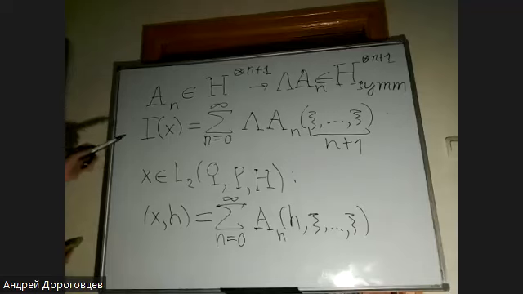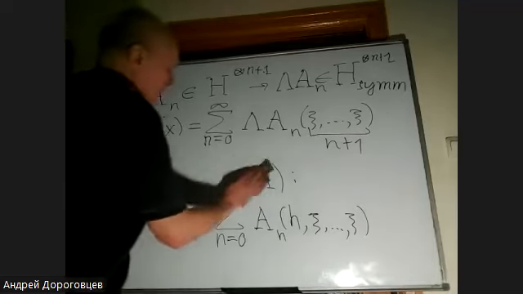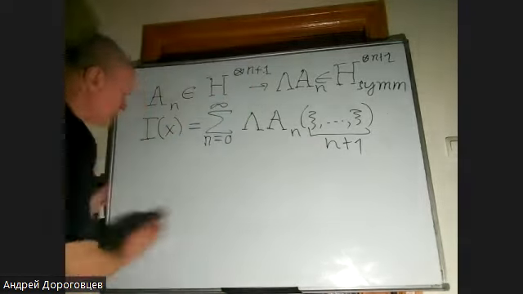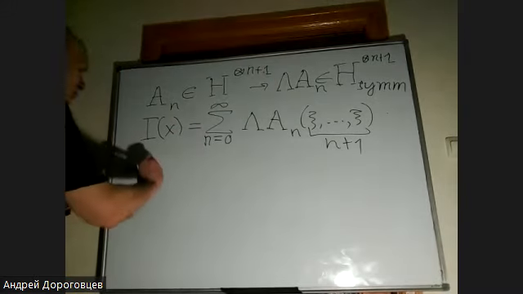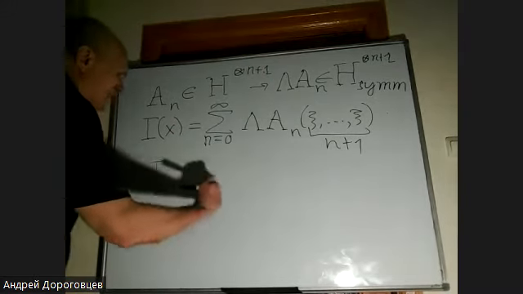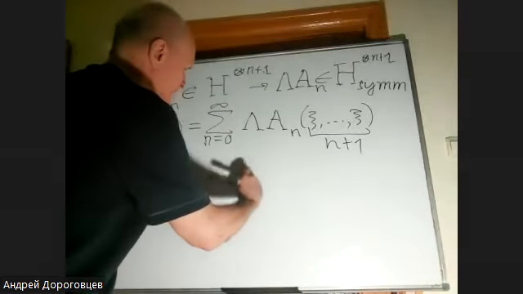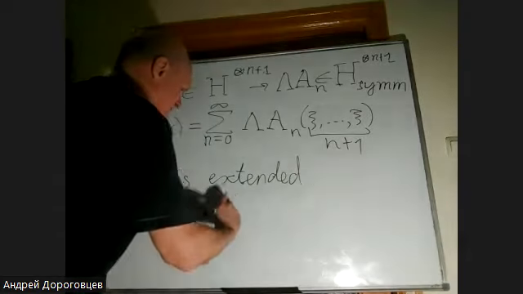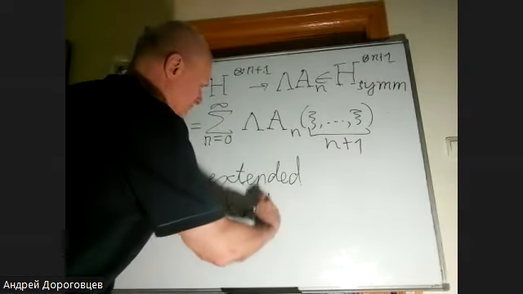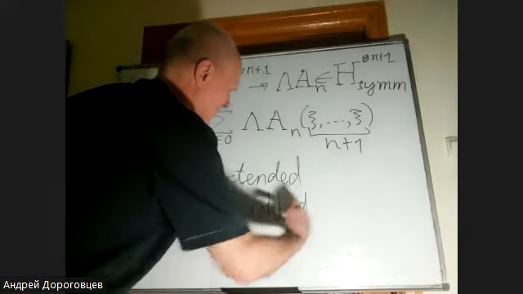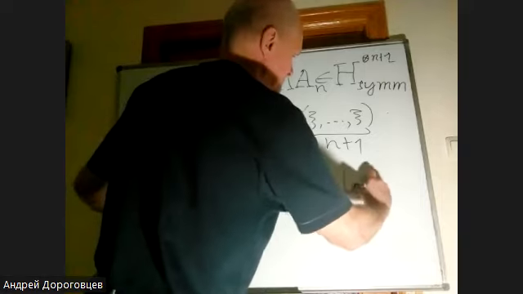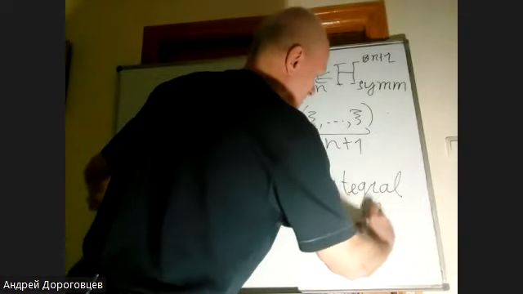So we have such a definition, such a nice representation. We will call it, as I announced before, the extended stochastic integral, or Skorokhod integral, of x.